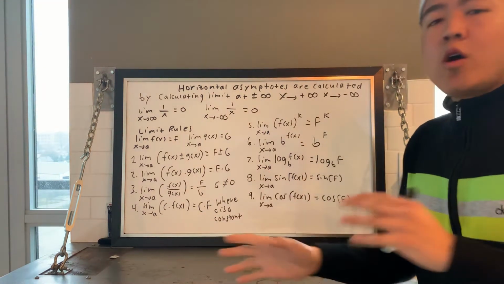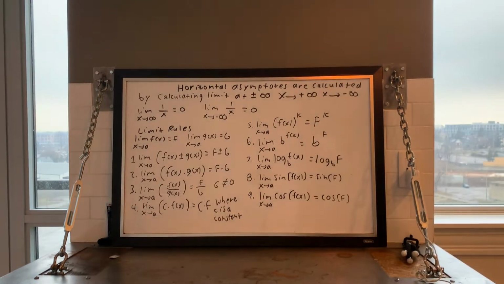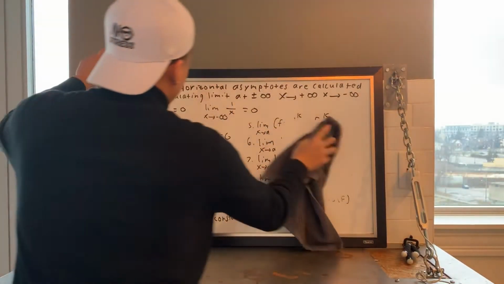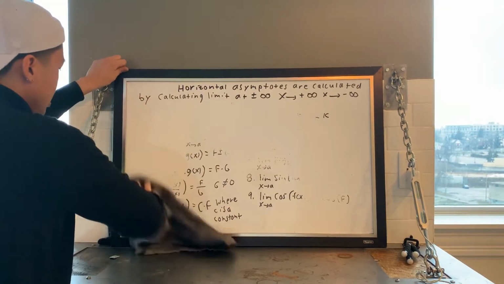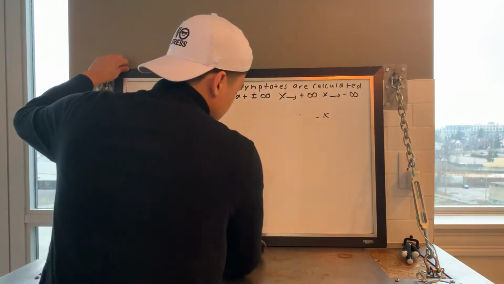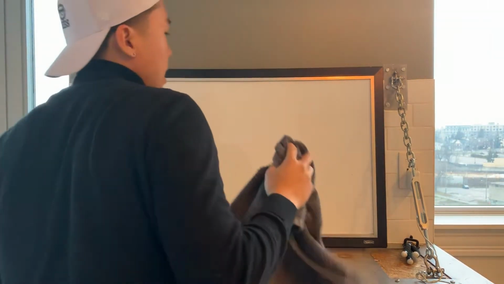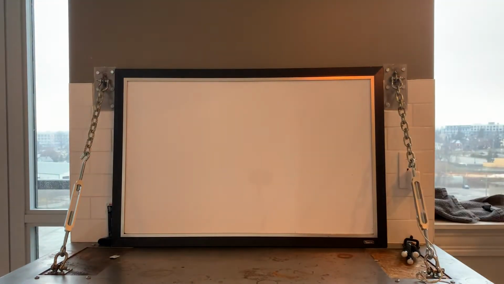So these are all fine and dandy, but I think what's most useful to you guys is seeing them in action. There's another thing you want to go over: for polynomials, you just literally sub in the value of x, and that really is the limit for polynomials.